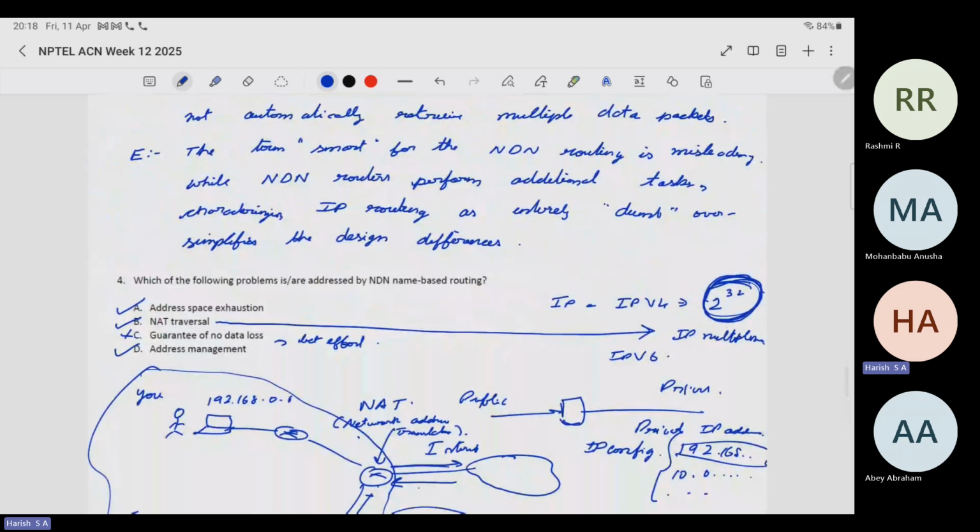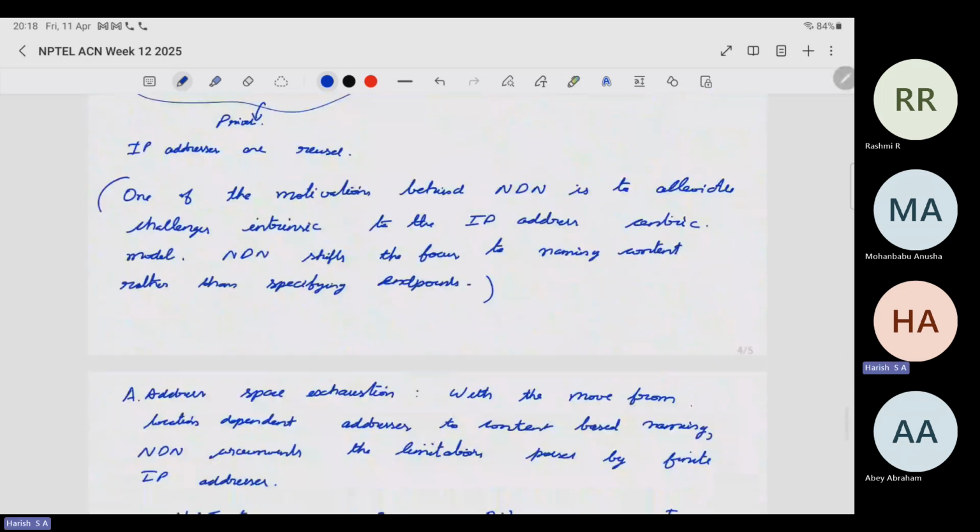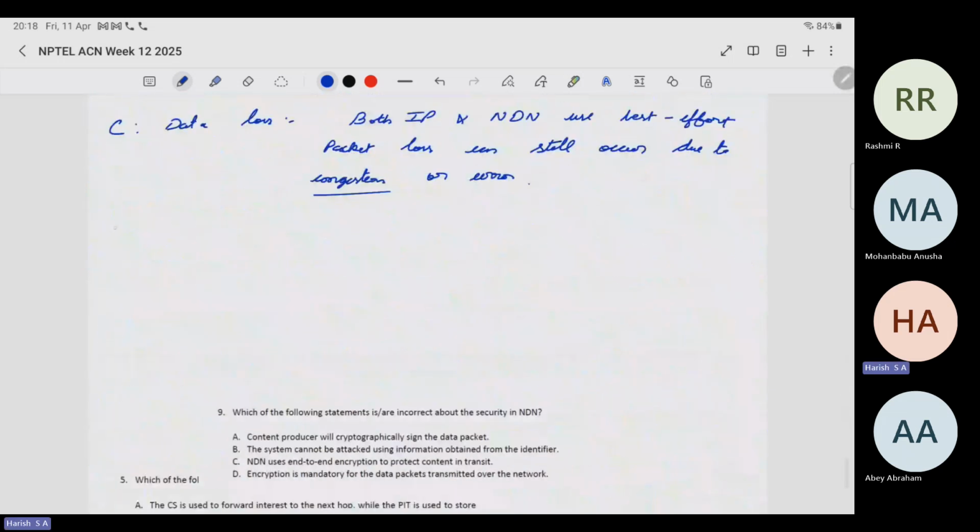And address management, it's pretty much obvious, right? All of this, A, B, and D, talk about addresses. That's pretty much what NDN does.